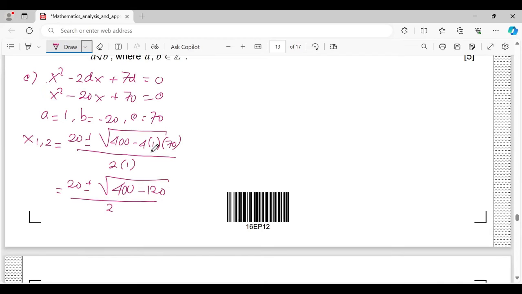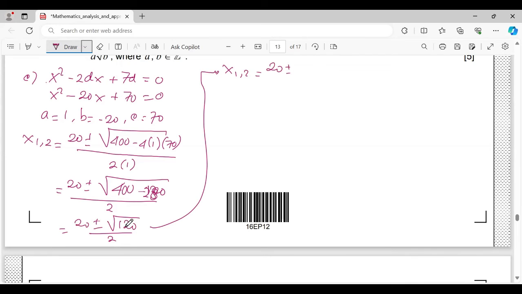Oh, no, I mean 280. So 20 plus minus square root 120, square root 280.